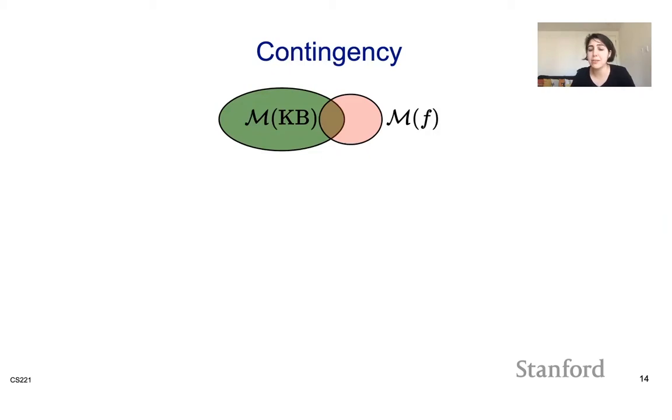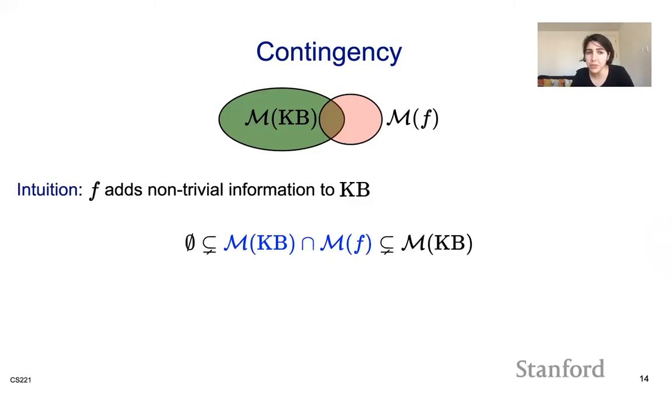It's telling me some non-trivial information. Okay, so that is when models of KB has some non-trivial intersection with models of F. Okay, so that is when we write models of KB intersection models of F is going to be a subset of models of KB, but it's going to be a strict subset of models of KB. If this is equal, we get entailment, so we don't include equality here.